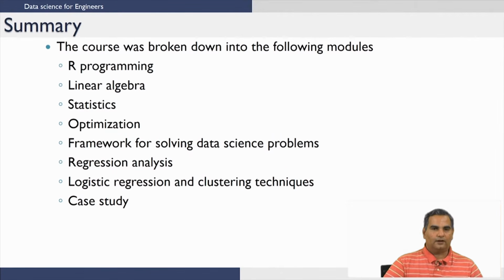Here we focused on building appropriate models, identifying the goodness of models and so on. Then we looked at classification techniques, logistic regression and KNN, and then we also described clustering techniques such as k-means clustering. And as part of this course, there is a case study for you to practice, which will be available on the website.